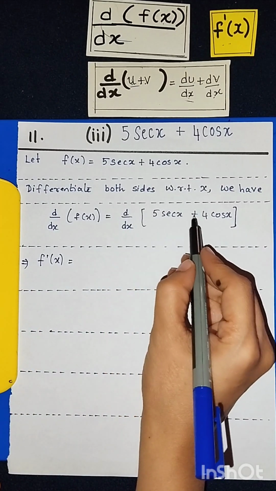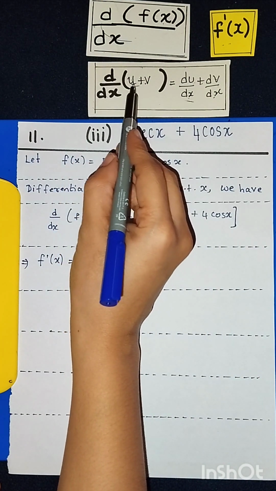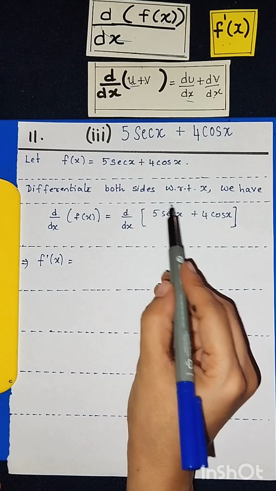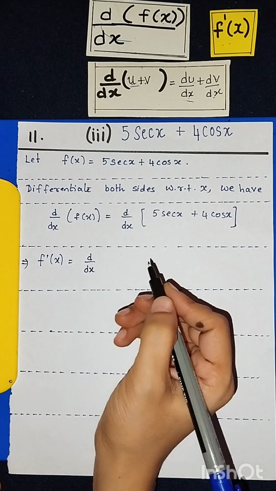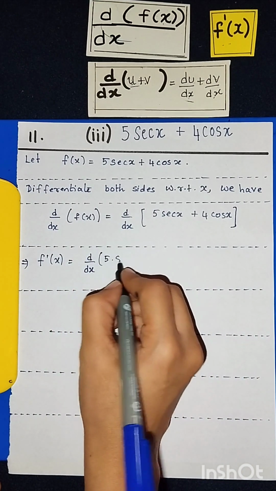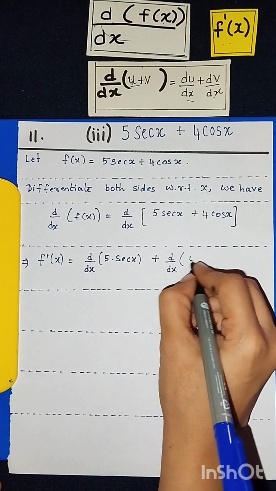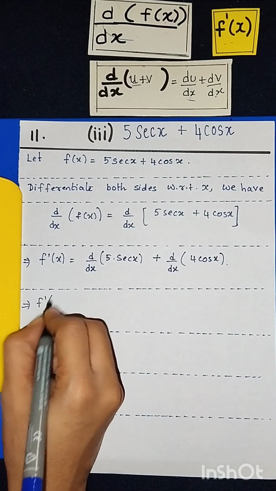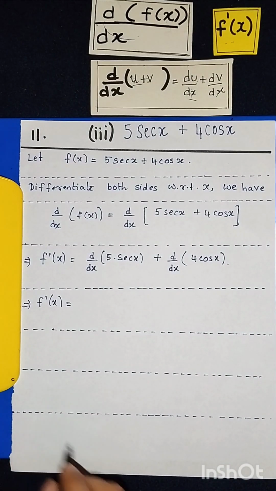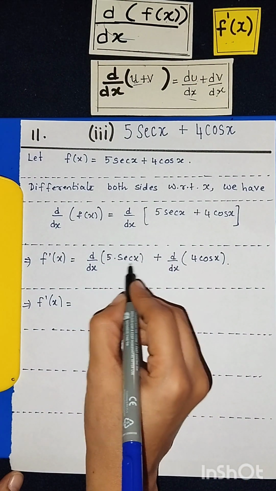now the derivative of a sum of two functions. The derivative of a sum of two functions is equal to, if you take these as u and v, du by dx plus dv by dx. Now this implies f dash of x is equal to, here it is d by dx of a constant into a function.